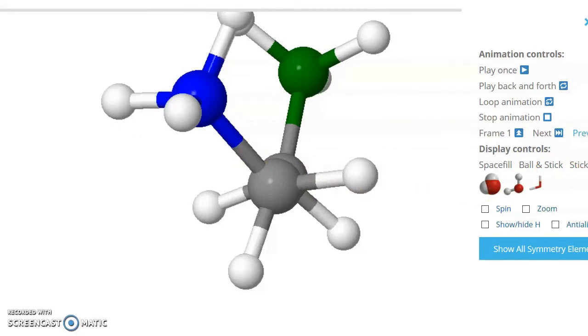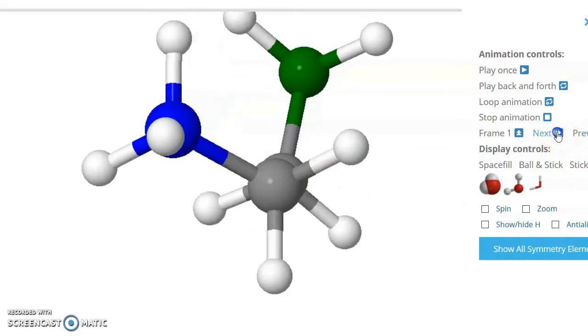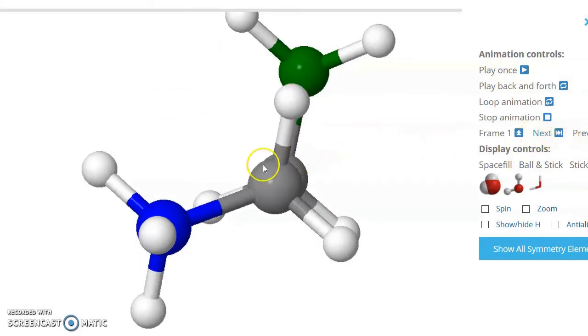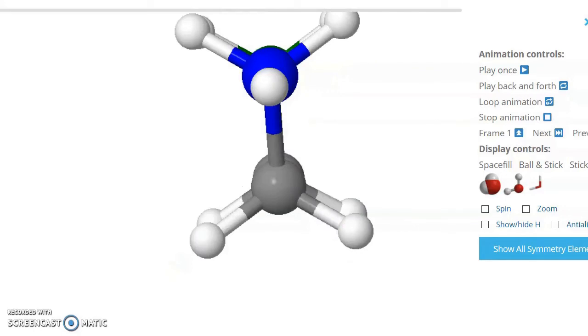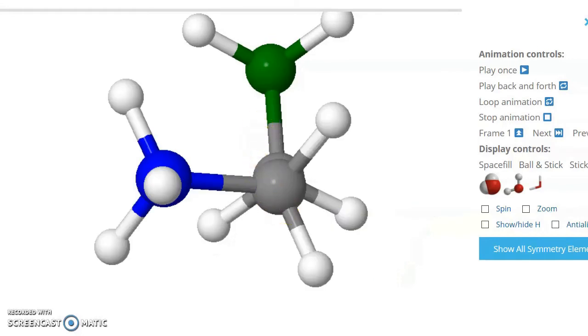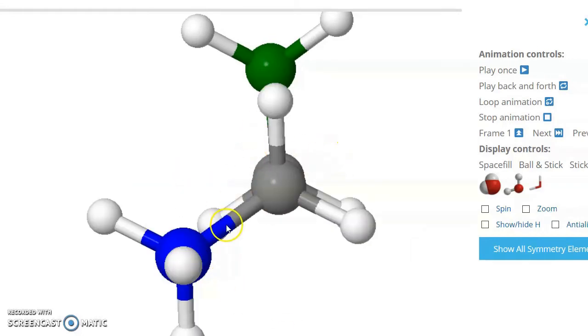Now we shall rotate it again and let's see what happens. So now we have arrived at another 60 degree rotation. Now you see all the bonds are eclipsed, but this is different from the first eclipsed form which we saw. In this eclipsed form, the methyl group is eclipsed by hydrogen atoms.